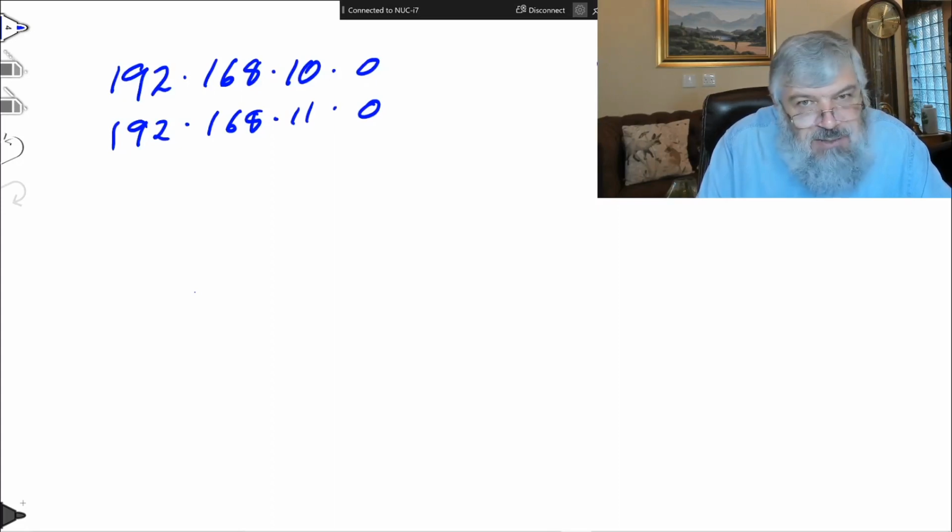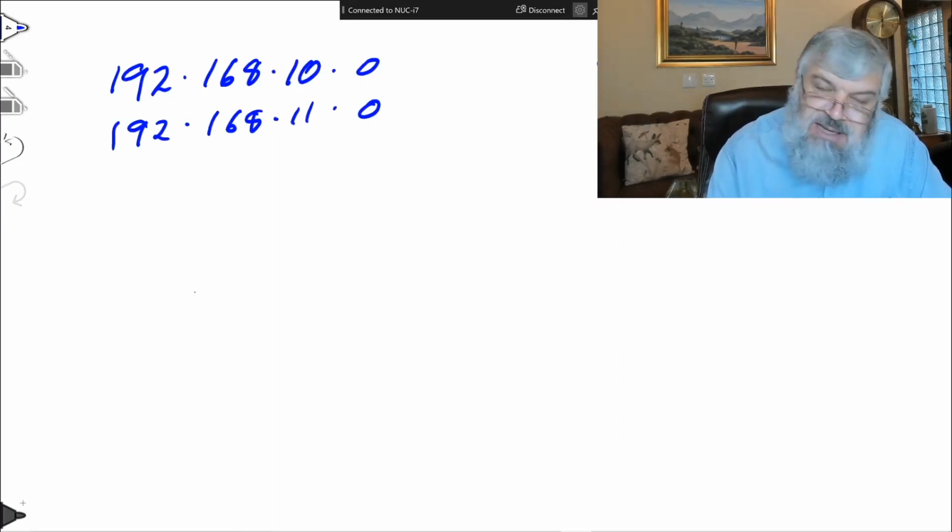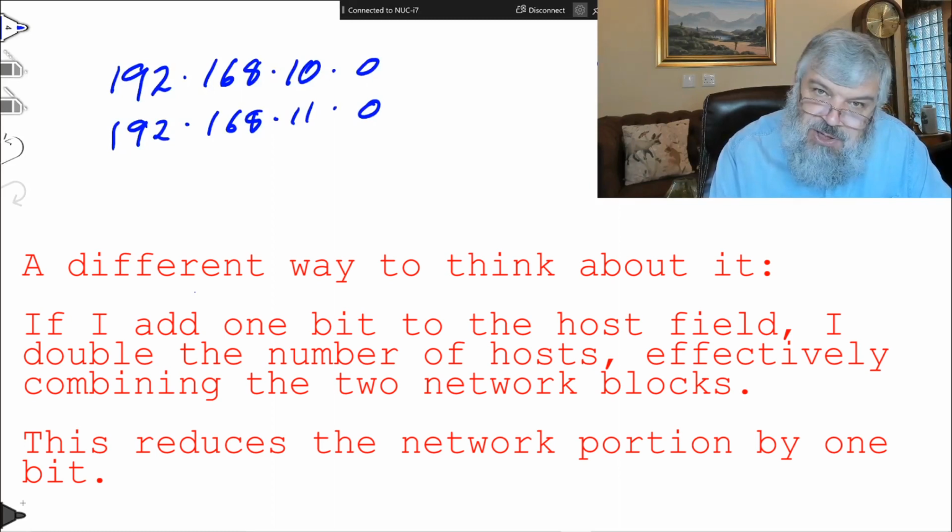Part of that answer is definitely no, I can't, because as far as the world out there is concerned, these are class C addresses, and when I combine them, they will still see them as the same address. So no, I can't do that. But maybe the world out there, whoever that is, and we'll look at that in a moment or two, can indeed combine them. Let's see if it's possible.